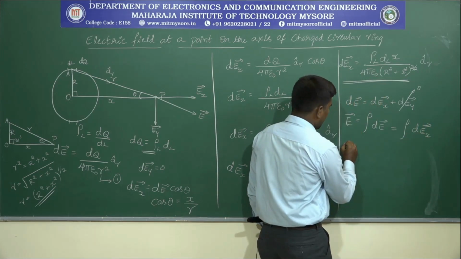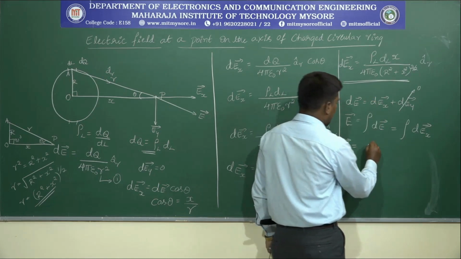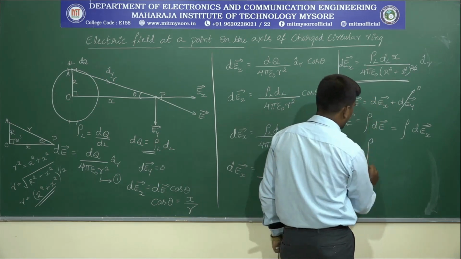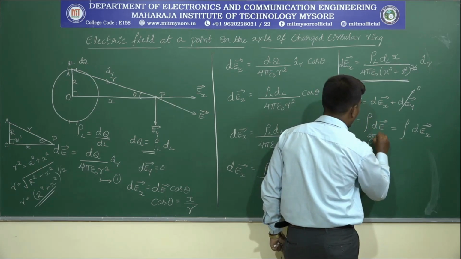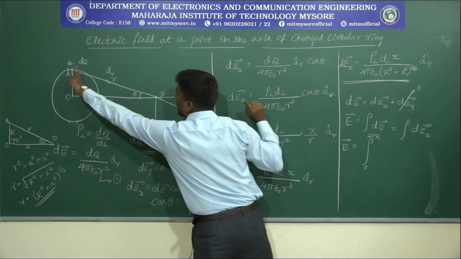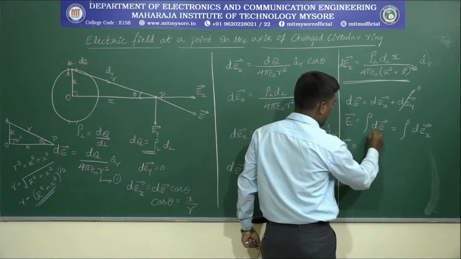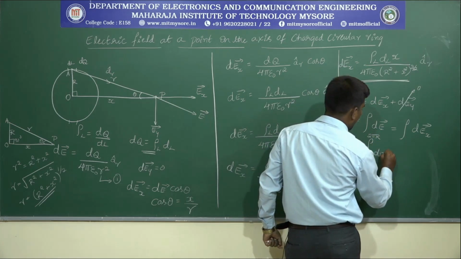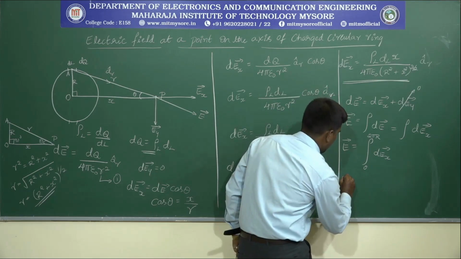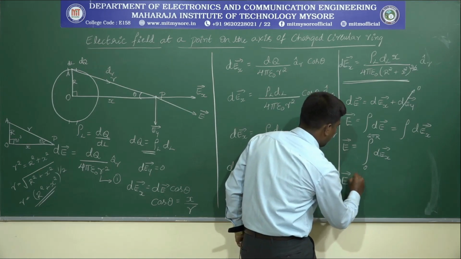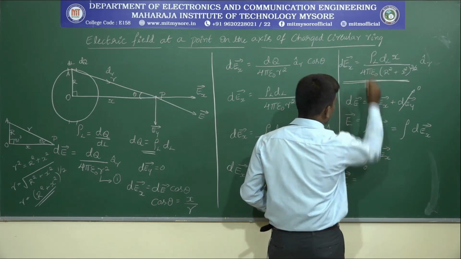Now continuing with this, total electric field intensity E is equal to integration from 0 to 2 pi r, according to the circumference, the perimeter of this circle, 2 pi r, of dEx. So E becomes, substitute dEx here. What is dEx?